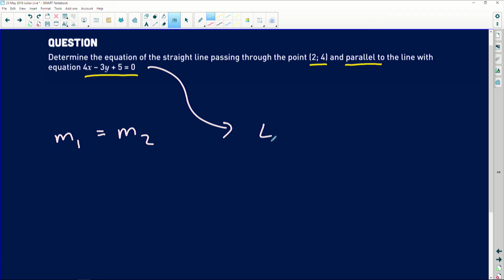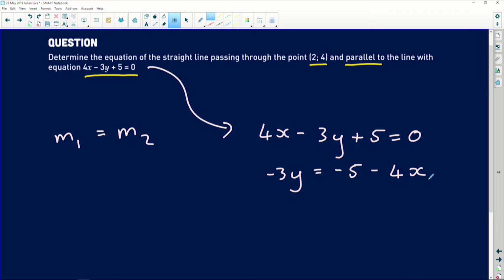We have 4x minus 3y plus 5 is equal to 0. To put this in standard form, I need to make y the subject of my formula. So I'm going to keep negative 3y on my left-hand side. I'm going to subtract 5 from both sides, as well as 4x, and I'm then going to divide through by negative 3.